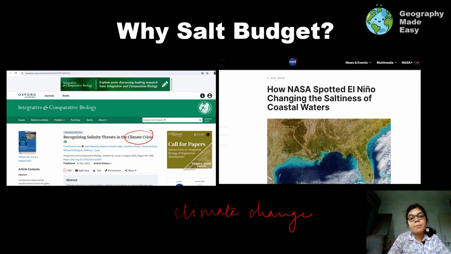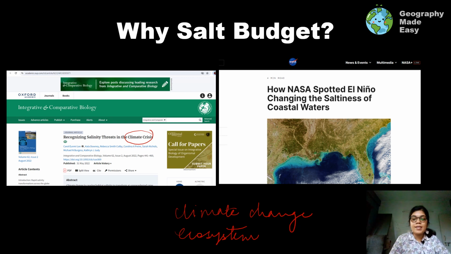Another important impact of a change in the balance of the salt budget is the impact on ecosystems, especially marine ecosystems. Every animal in the ocean or the sea is used to living in a particular kind of ecosystem, and this ecosystem is very much adjusted.